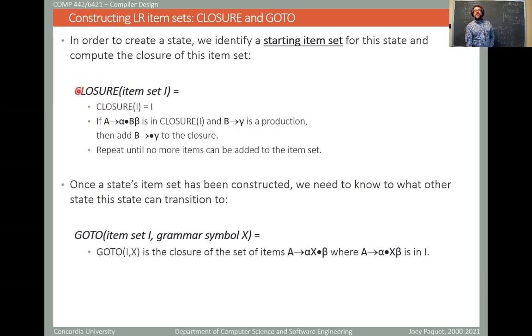So let's define the closure of an item set. The item set closure is defined on an item set. First of all, the closure of an item is the item itself.